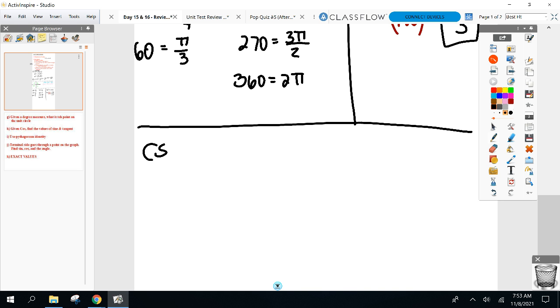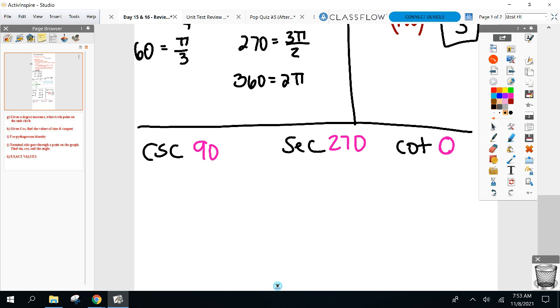I'll do cosecant, secant, and cotangent. For each one, give me a degree measure on the line, a quadrantal angle. So cosecant of 90, secant of 270, cotangent 360. So 0. Yeah, we usually don't use 360, but 0. Okay. All right, so here we go, guys.